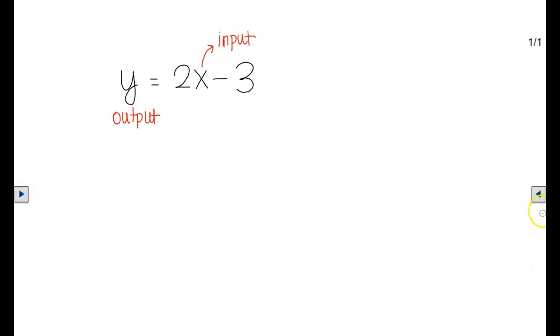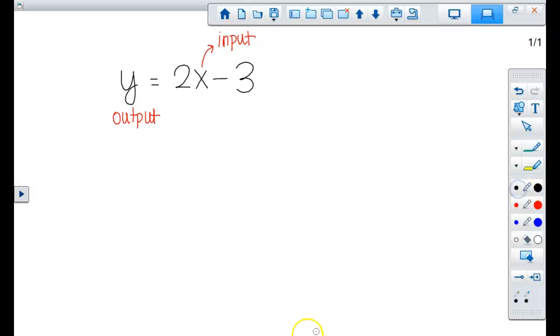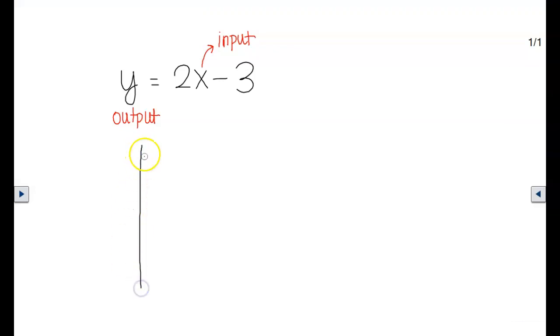So remember, we described this as being the function's rule, because it tells me that if I want the output, I need to do 2 times whatever the input is and subtract 3. So this is a rule that tells me exactly how x and y will be related, exactly how x and y will be connected in this particular function.